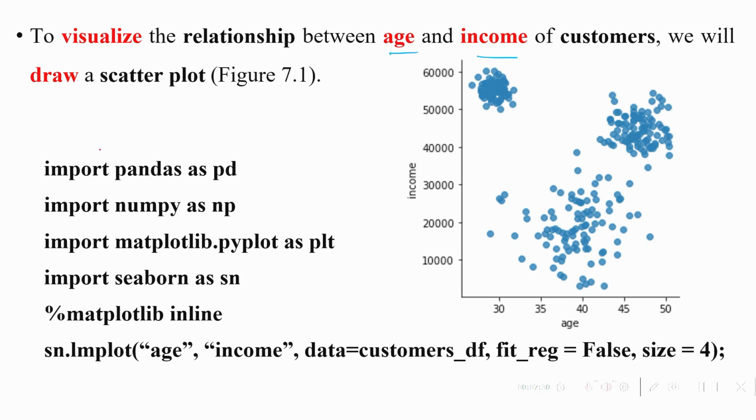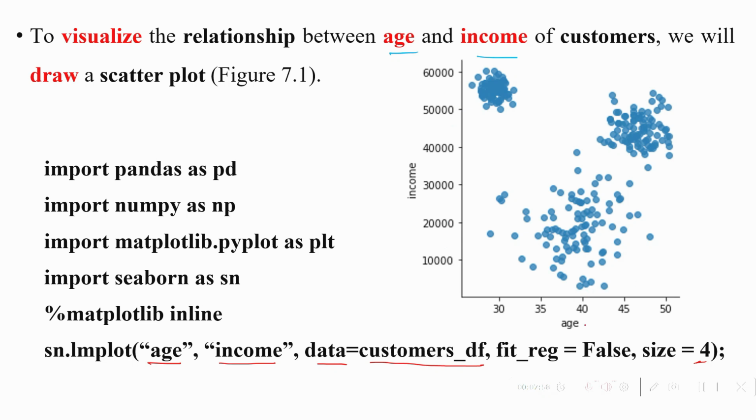Here we are going to use sns.lmplot. The x-axis is age and the y-axis is income, and the data is called customers_df, fit_reg equal to False, size equal to 4. So if you execute this command, it automatically displays our data set from a different angle.